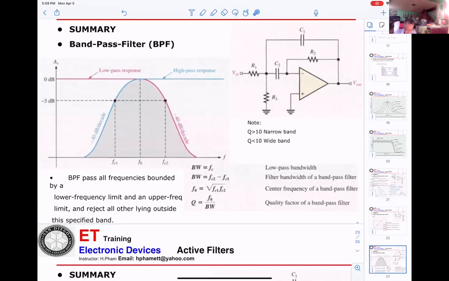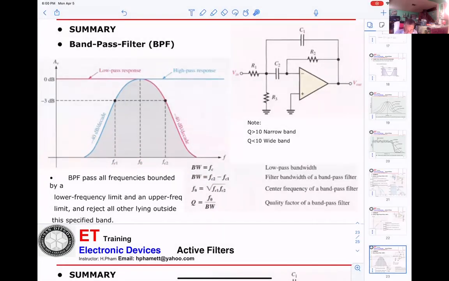And Q means the quality of the filter. To calculate Q, you take F0, that means F at the center, divided by the bandwidth.